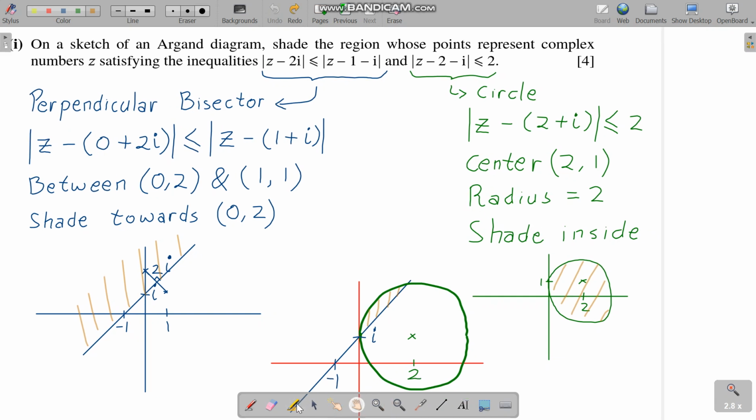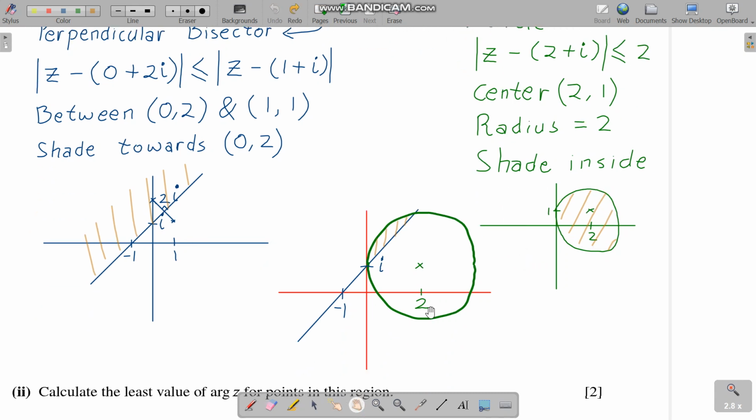And for the other locus, this is the absolute value of z only on one side, so this is a circle. Again, we use the z minus z1 form to identify the center of the circle. Radius is 2. Smaller than means we shade inside the circle, so this is the sketch. You have to label the center of the circle and make sure it's touching the y-axis because the radius is 2.